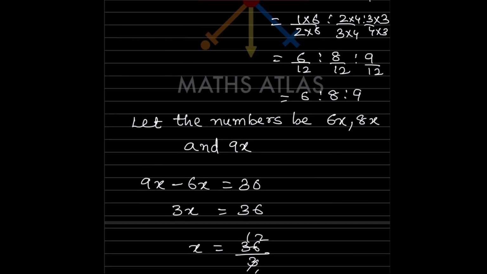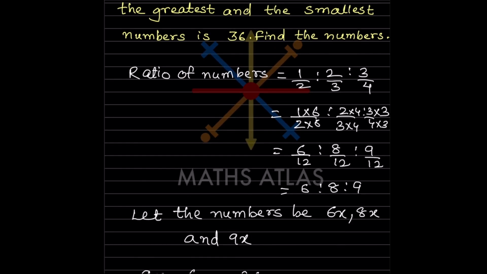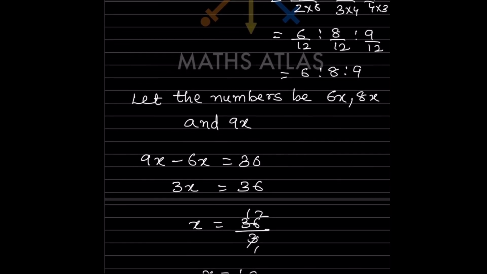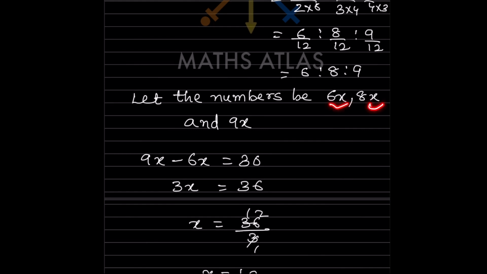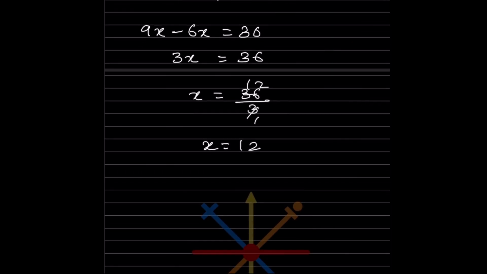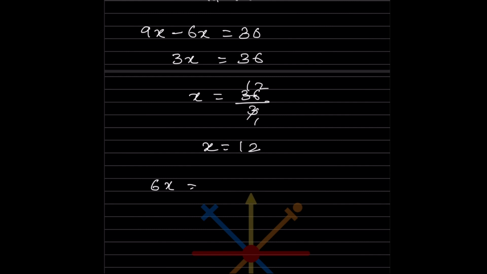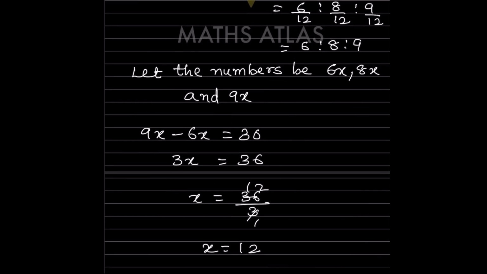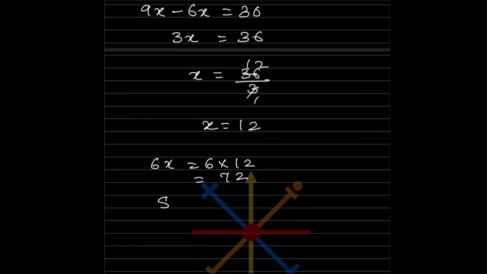So now they asked to find the numbers. We have considered the numbers as 6x, 8x and 9x. So 6x is 6 into 12, that is going to be 72. The other number is 8x, that will be 8 into 12, that will be 96.